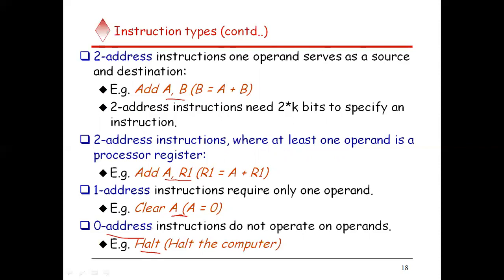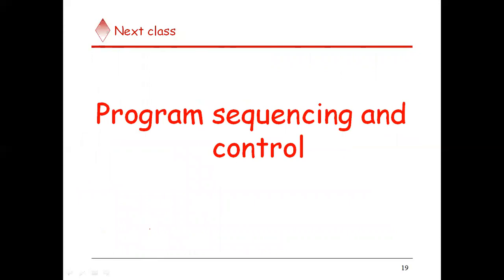So these are the different types of instructions: three address, two address, one address, and zero address. In our next class, we will discuss how branching or program sequencing happens in assembly language programming.